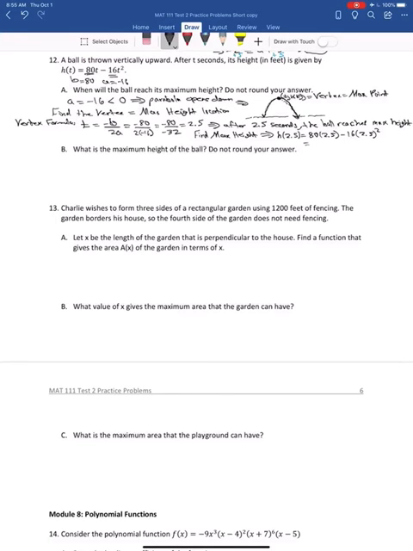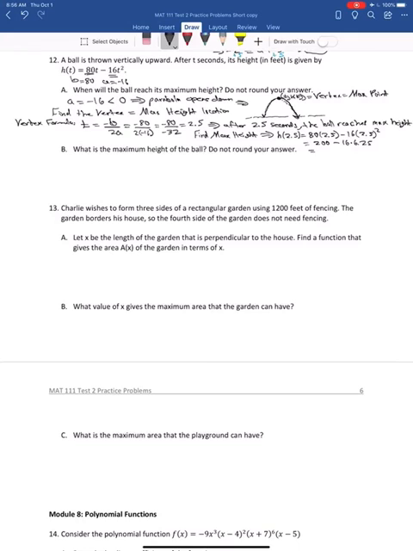80 times 2.5, I get 200, minus 16 times 2.5 squared. Well, that's minus 16 times what? 2.5 squared is 6.25.